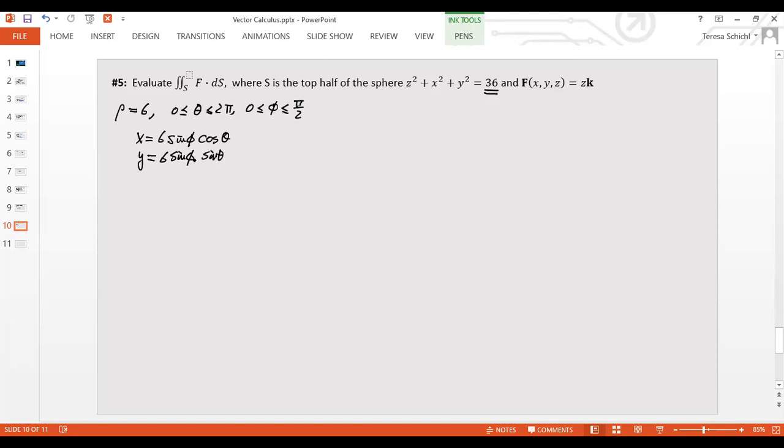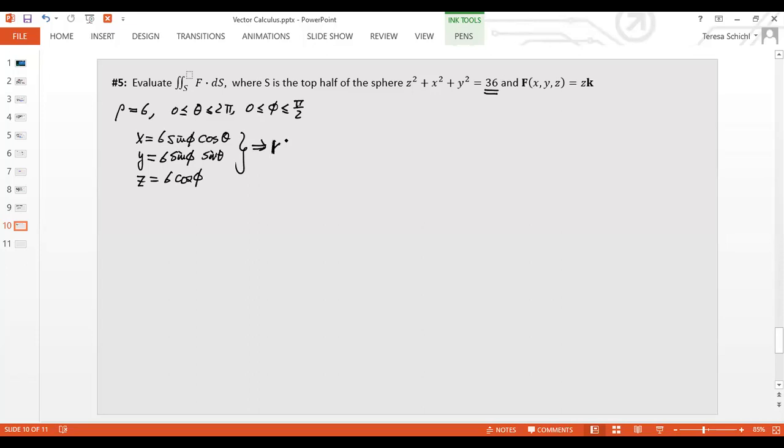So we are using the knowledge we learned from the spherical coordinates. And then the z, we can say, hey, the z is what? Z is 6 cosine phi here.